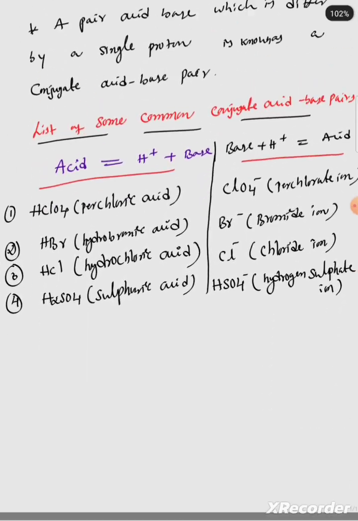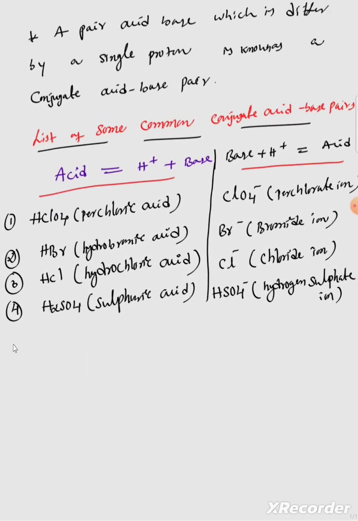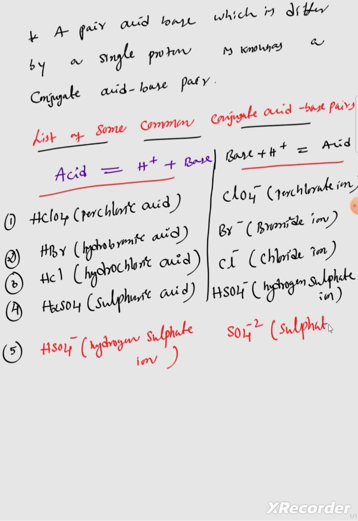This hydrogen sulfate ion again produces a proton, an H plus ion, to become SO4 2 minus, the sulfate ion.